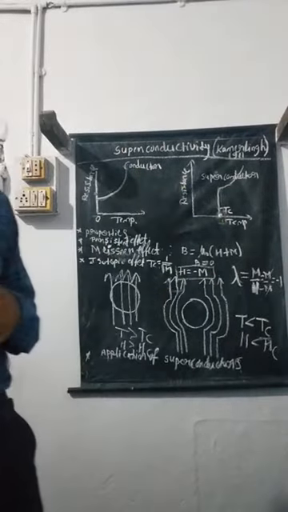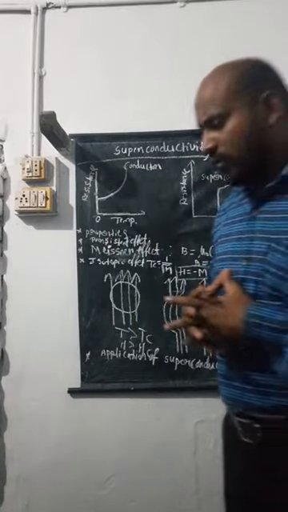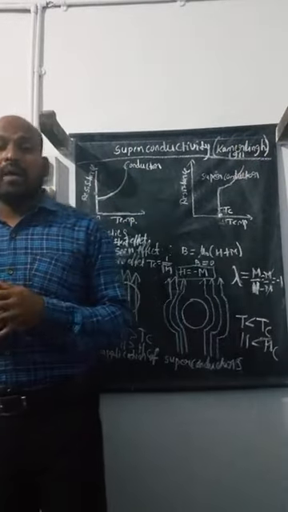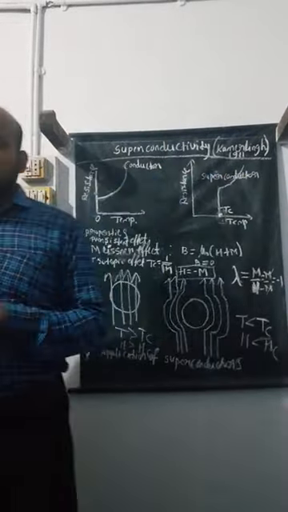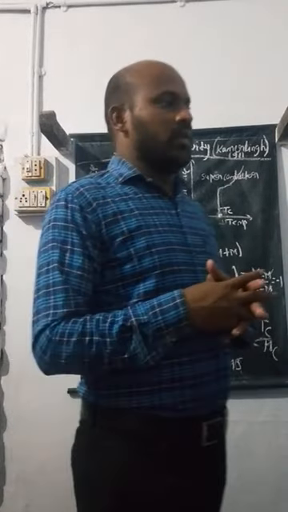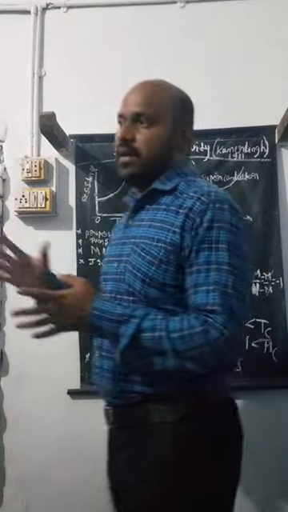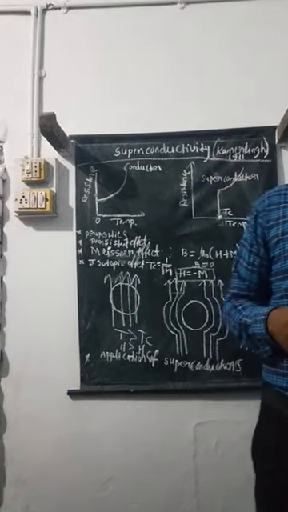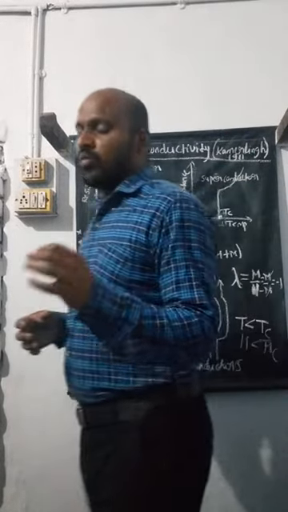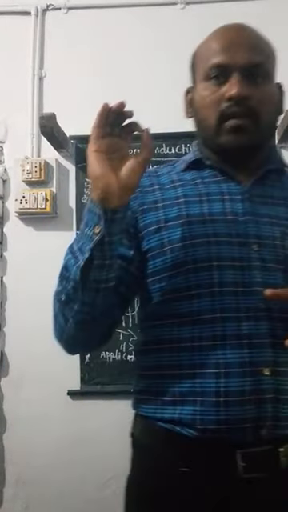They are also useful for superconducting electromagnets that create a high magnetic field, and for NMRI scan centers for medical diagnosis. They also help detect very small magnetic fields, around 10 raised to minus 14 Tesla.